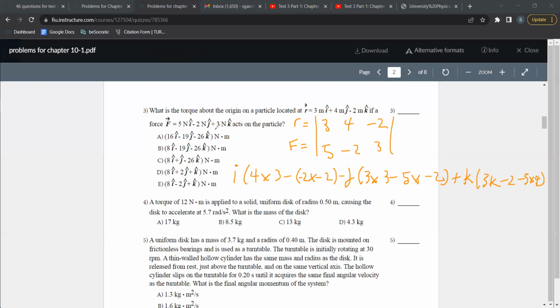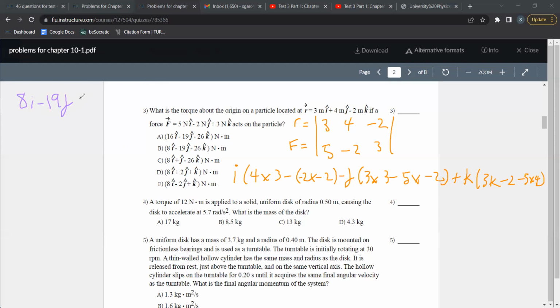For our i, we're going to have 8 in the i direction. And then for j, we are going to have -19 in the j direction.